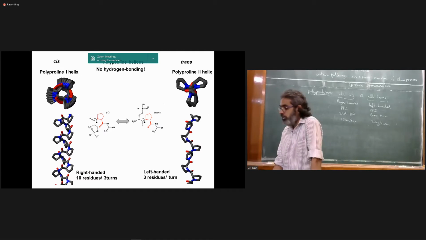Typically when you talk about pi bonds, you have pi star, right? So in this case the backbone stabilization is n-to-pi-star, but it's not as strong as the hydrogen bonding in, let's say, any other helical structures. Okay, that's just to complete that proline is a unique amino acid which can have these structures.